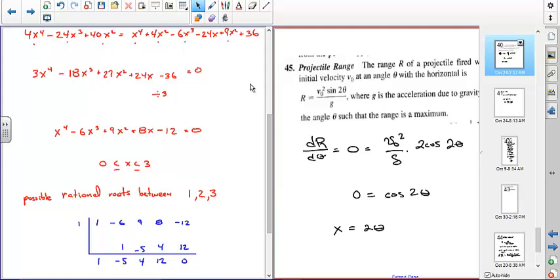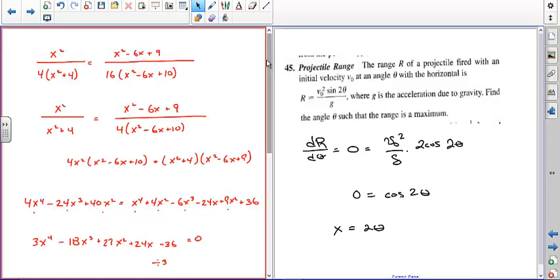What we ended up with, and I asked you to do outside of class, was something like this. Then I said, go ahead and multiply that out. So you take this times that equal to this times that, which is that. Then you distribute the 4x squared to the left-hand side and use FOIL for the right-hand side twice.